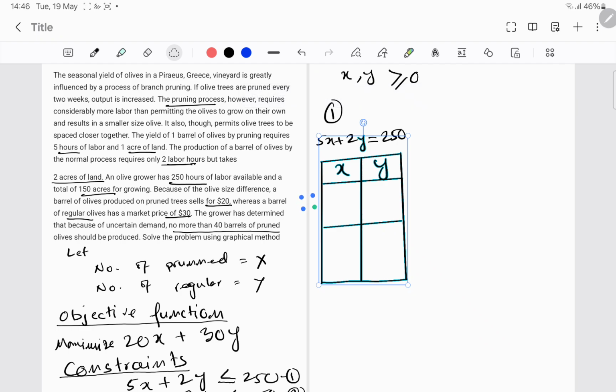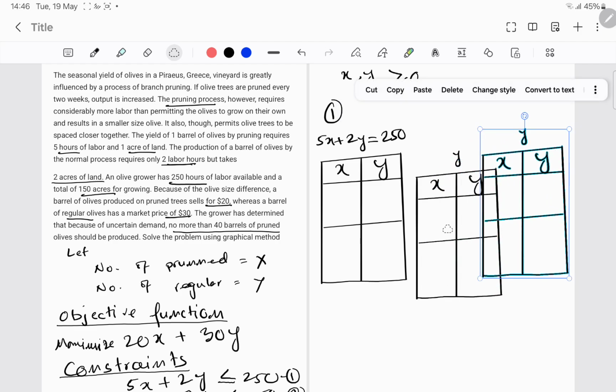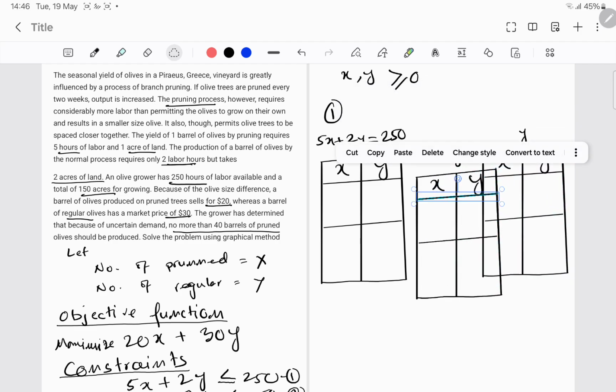Okay, copy, and I will paste here, and I'll paste one more.